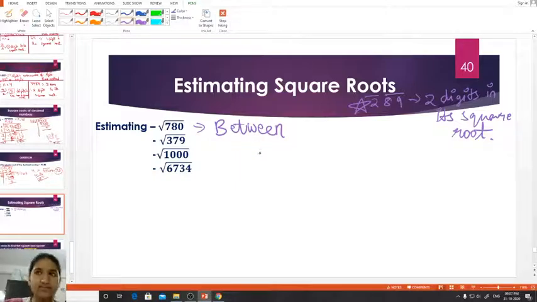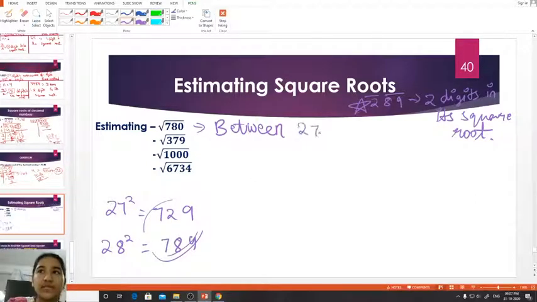27. The square of 27 is actually 729, somewhat near. And the square of 28 is 784. So we can say that it lies between 27 square and 28 square. You have to assume, and this is just about assumption power.